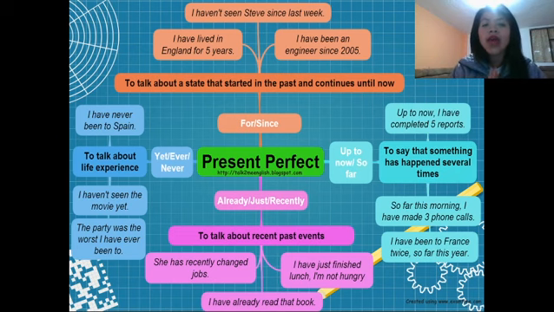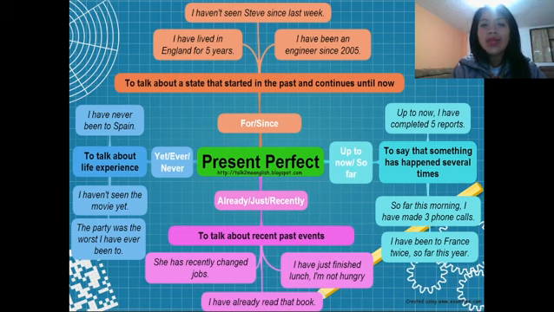For example, I have lived in England for 5 years. Yo he vivido en Inglaterra por 5 años. That means that I started living 5 years ago. Yo empecé viviendo 5 años antes, hace 5 años en Inglaterra y hasta ahora lo sigo haciendo, right?